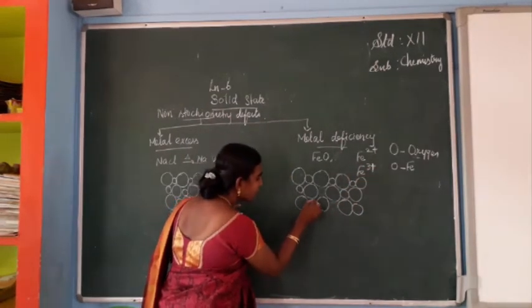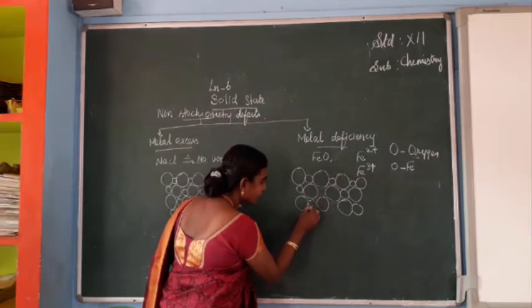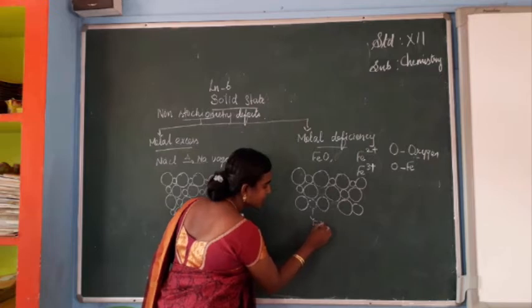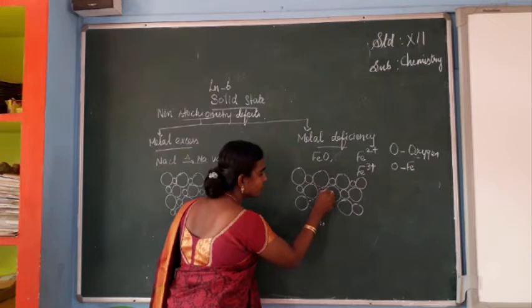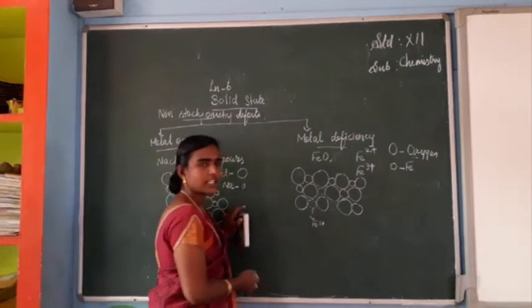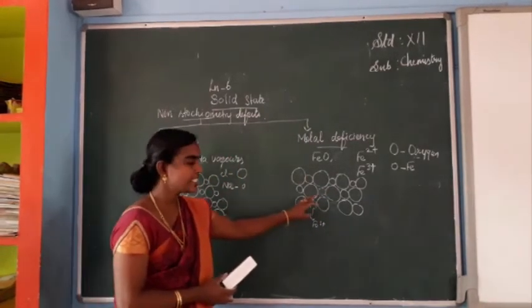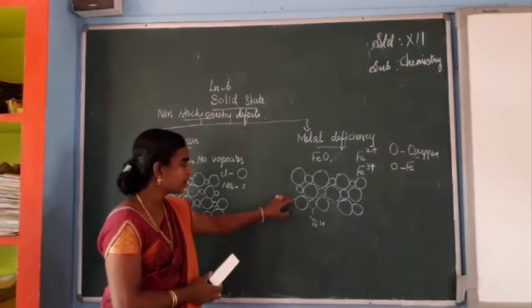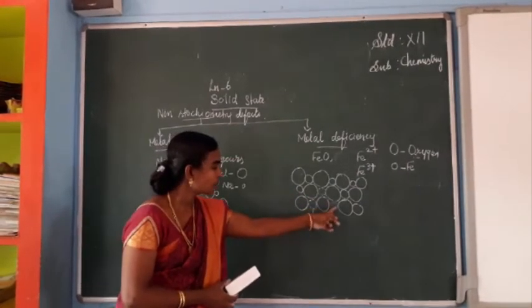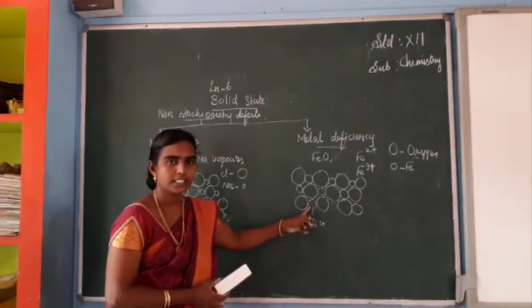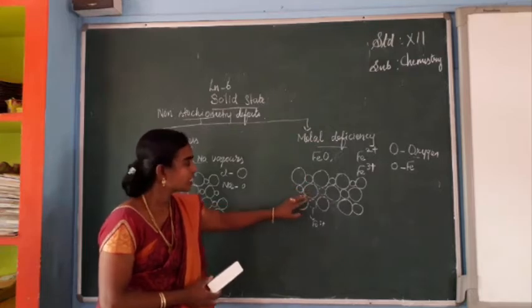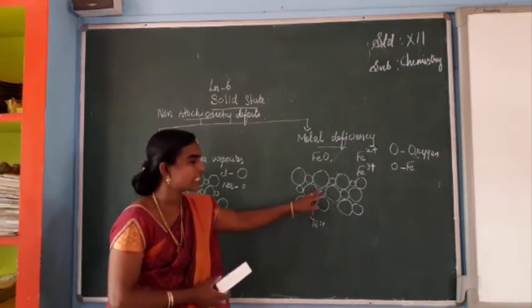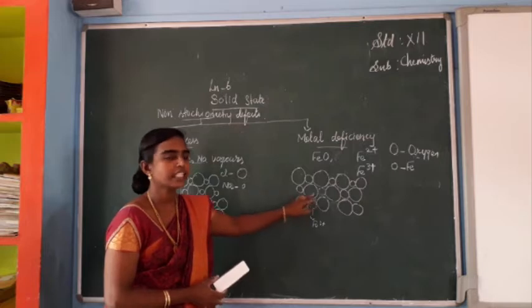I will mark this with a dot, meaning it is Fe3 plus. This dot is Fe3 plus, taken to maintain electrical neutrality. When three Fe2 plus are missing, to maintain the neutrality, two of these places are occupied by Fe3 plus ions.